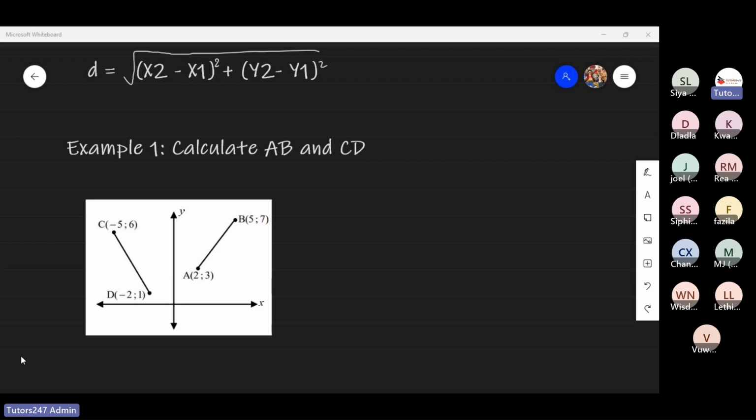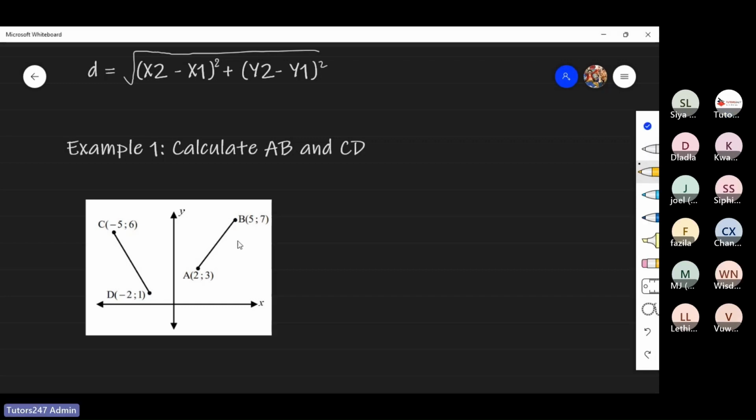So AB refers to the distance from point A to point B, and CD refers to the distance from C to D. So let's start with calculating AB. We know the coordinates of A are given as 2 and 3. Our coordinates of B are given as 5 and 7.